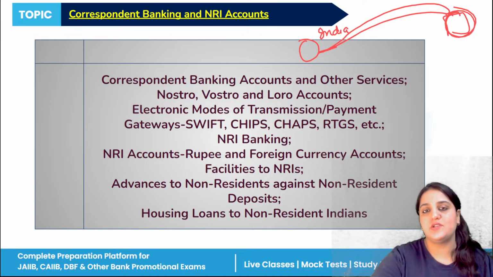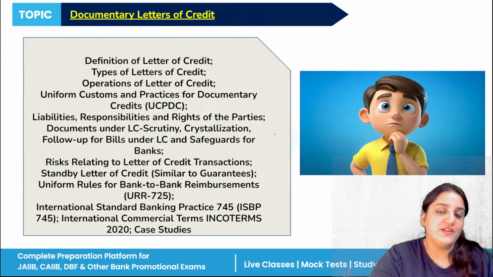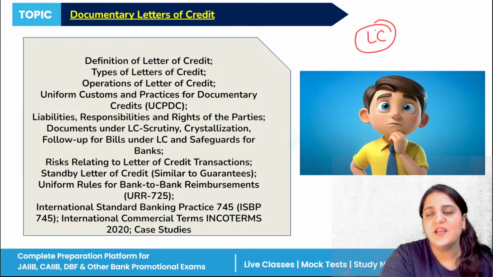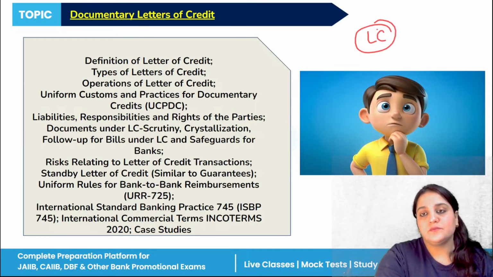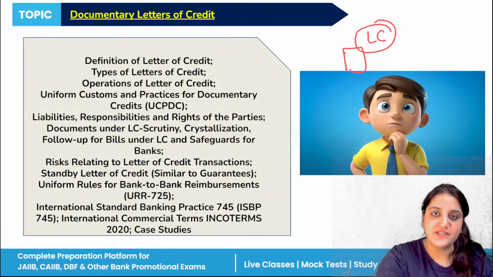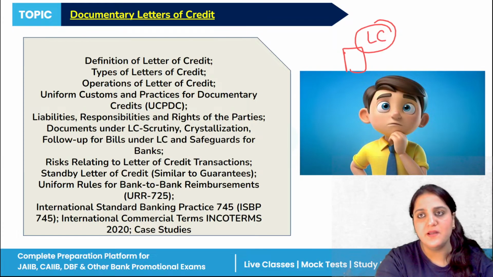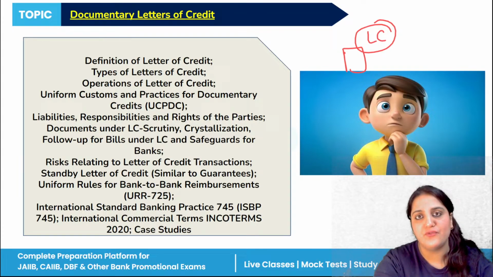The next chapter is documentary letter of credit, LC. What is documentary letter of credit? It is like an agreement, a type of trust between buyer and seller, so they can easily do their business. There are types of letter of credit: irrevocable, revocable, green letter of credit, red letter of credit.